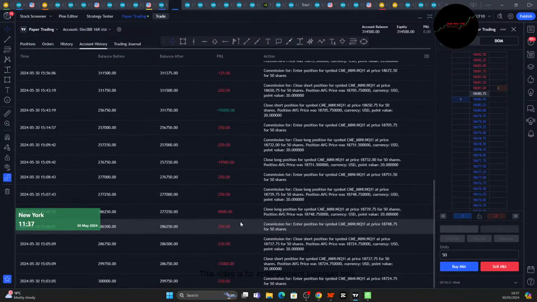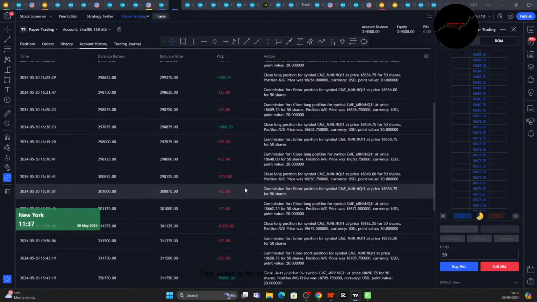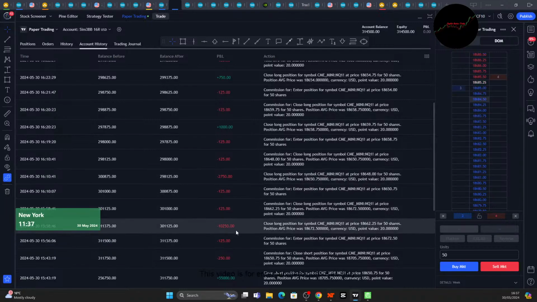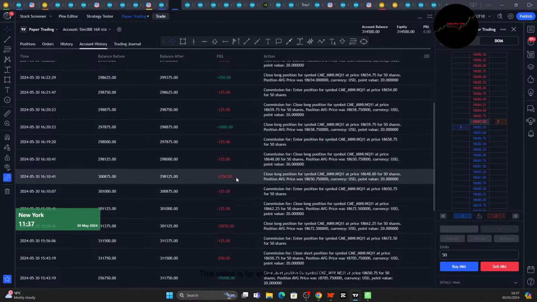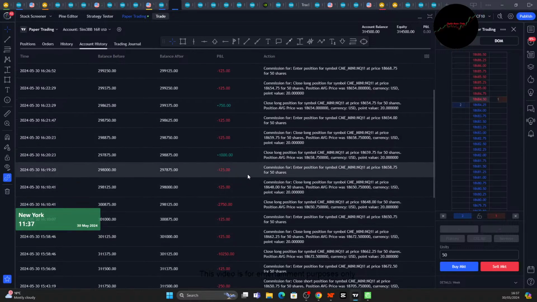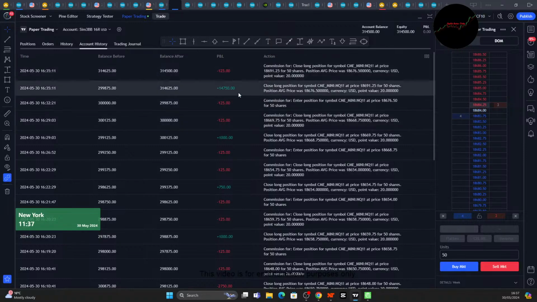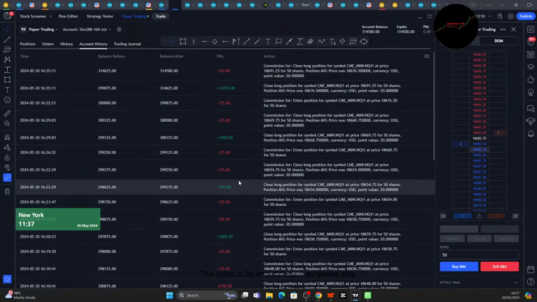Instead, we've been battling back ever since. Couple of losers. Loser there, 10. Mistake, 3 points. Were mistakes, but slowly building our way back with a couple of break evens, and then finally this trade here worked out.